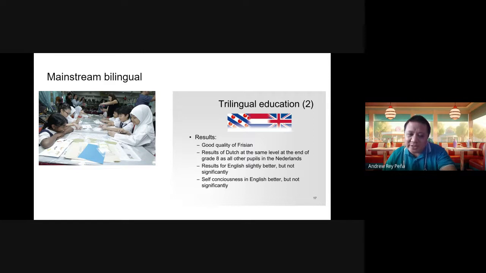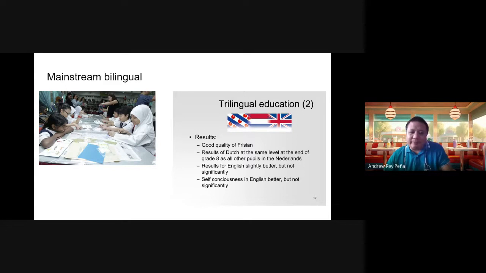The educational system involves instruction for all Malay-speaking children in both Malay and English. Another example is the trilingual education in the Grand Duchy of Luxembourg.